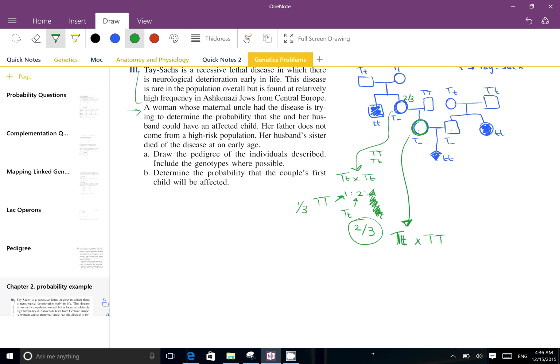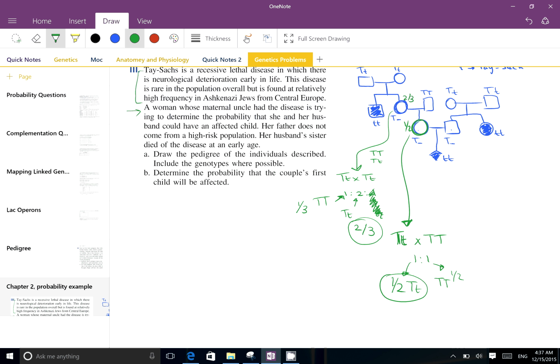We know the ratio for that is 1:1. So the probability of the daughter coming out as a carrier is 1/2, and for her not to carry the disease, it's also 1/2, but the carrier one is the one we're interested in. So the probability of her being a carrier is 1/2.